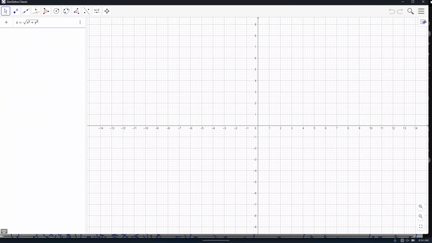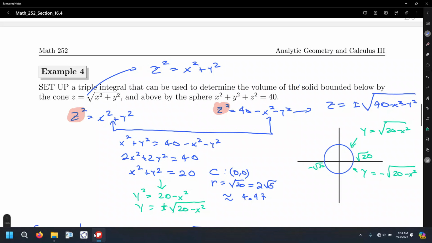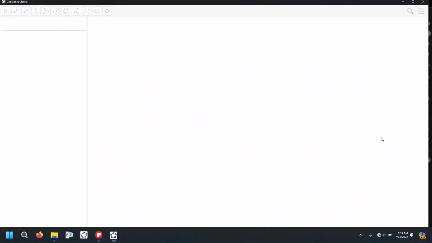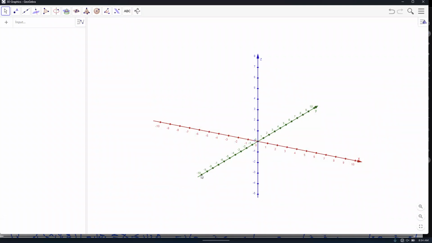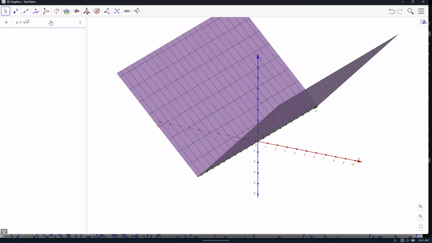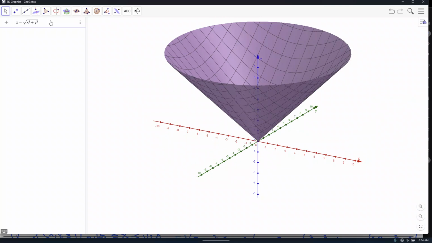Oh, I forgot to get the solid version. Yeah, the 3D version, 3D graphics. Okay, show plane. I don't want a plane. Z equals the square root of x squared plus y squared. All right.